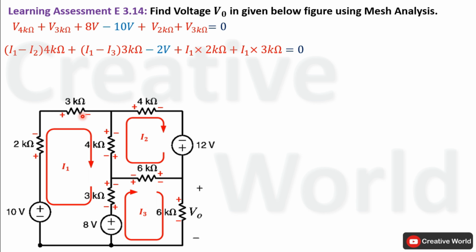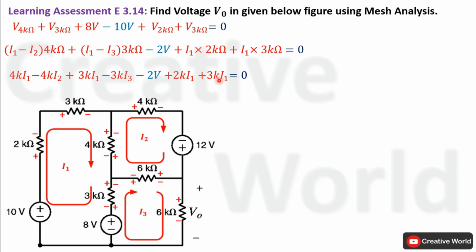Similarly, voltage across this 3 kilo ohm resistance will also be equal to the product of current I1 and 3 kilo ohm. Now open these brackets and take the product of constant values with variables inside the brackets. The equation will become 4k I1 minus 4k I2 plus 3k I1 minus 3k I3 minus 10 volt plus 2k I1 plus 3k I1.